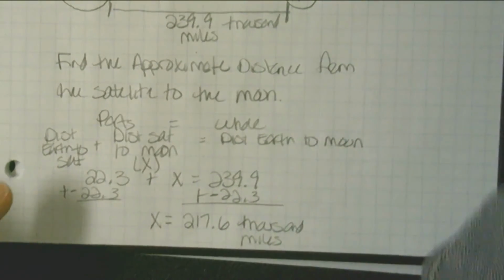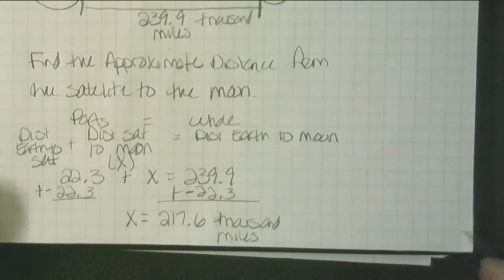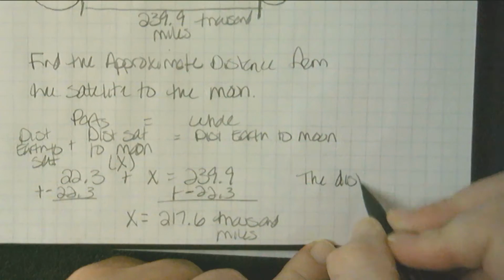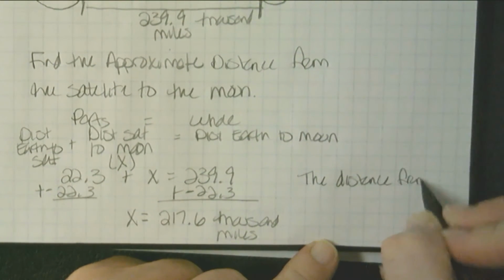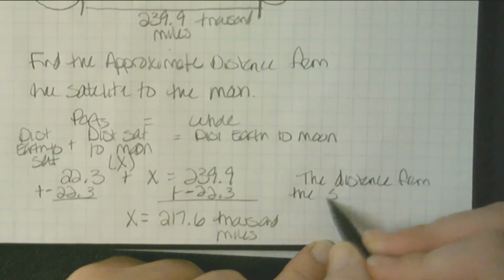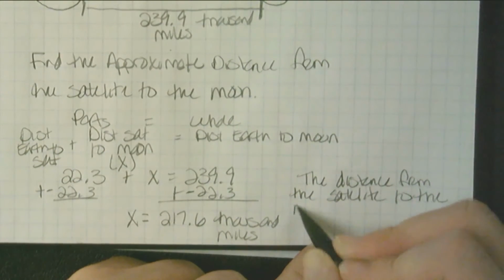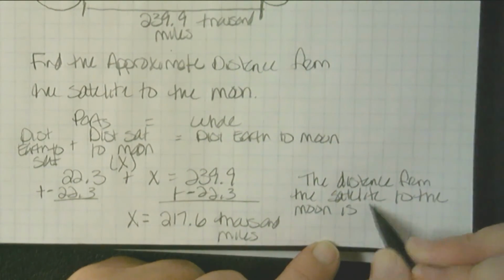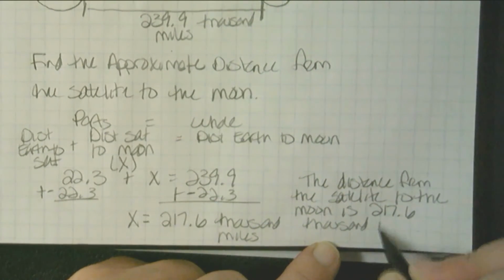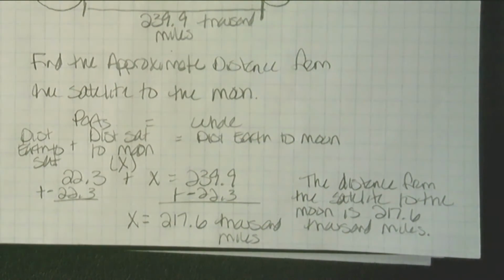So now that Kira and Layla have done the hard work, someone write our sentence for me. Mateo? Excellent. Distance from the satellite to the Moon is 2,117.6 thousand miles. How many of you guys got that one?